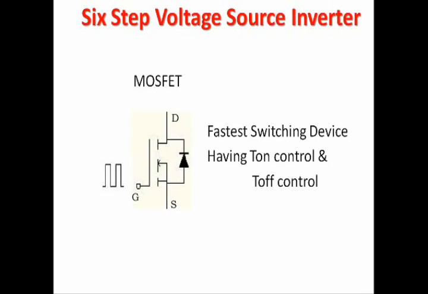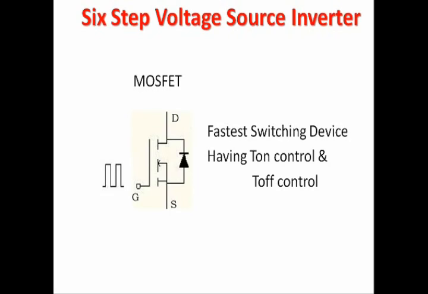The performance of the inverter fully depends upon the switching frequency and the turn on and turn off control of the switching device that you are going to use. So the characteristics of the MOSFET are suitable to make this 6-step voltage source inverter.